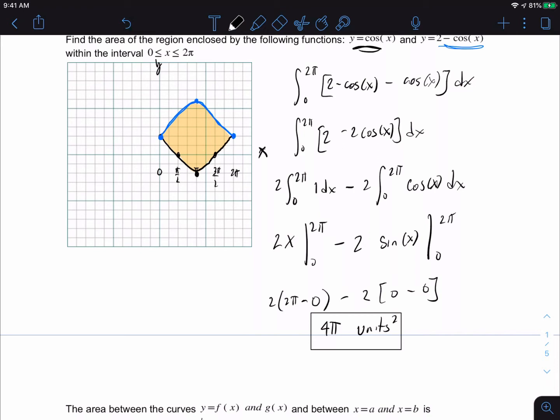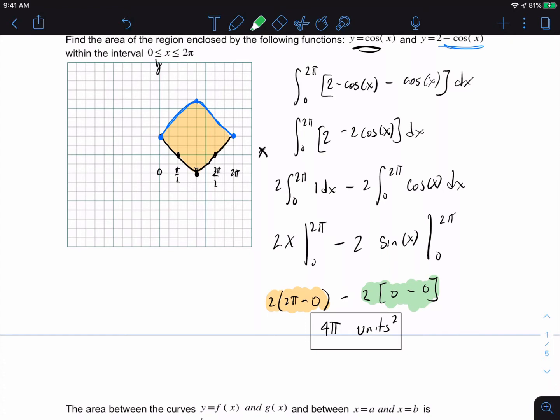Okay, let me go on. So for the answer, you would add both answers, right? Yes. So this one would be representing the integral from 0 to 2 pi of 1 dx multiplied by 2. And this one would be 2 times the integral from 0 to 2 pi of cosine dx.